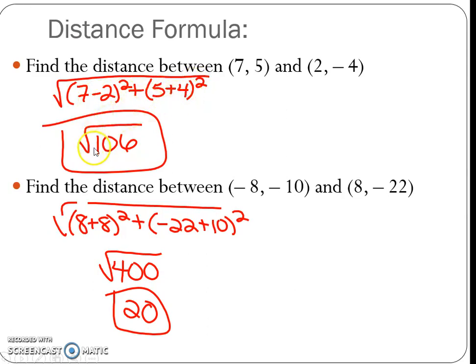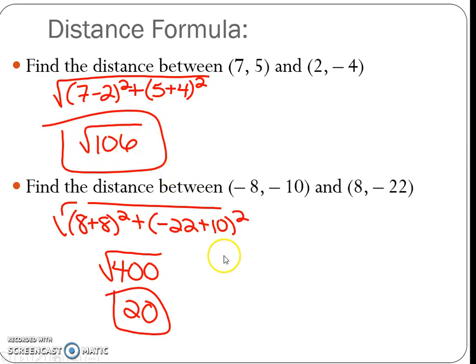Add those two numbers, and then the distance is the square root of 106. Now you can put that in the calculator, and you can round to the nearest whole number, which will be 10, right? About 10. If you put in the calculator, square root of 106.